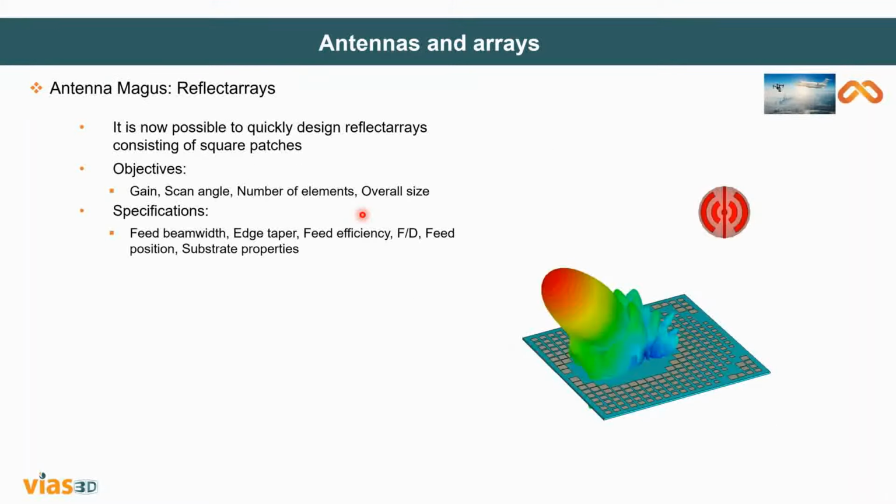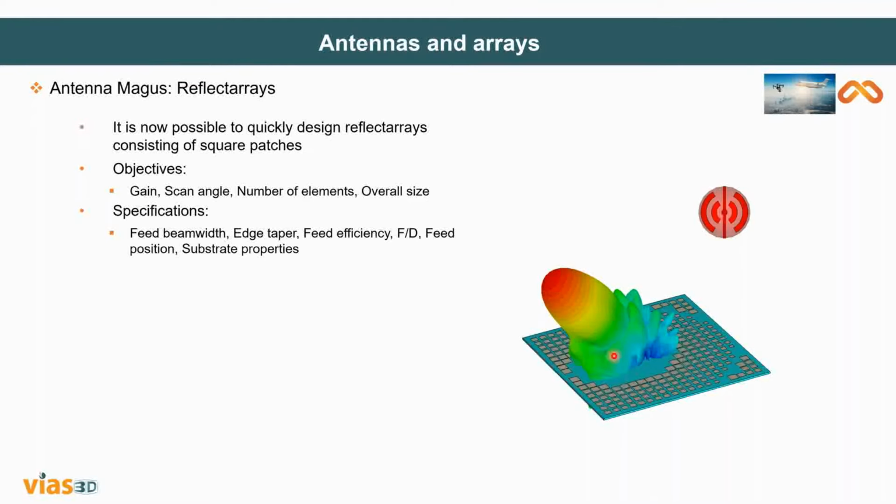So the next is the reflect array. If users have used Antenna Magus, we are aware that shaped reflectors were always possible in Antenna Magus. But now a new class specifically for reflect arrays has been added. The first implementation is based only on rectangular patches, but we plan to have other unit elements in future, like hexagonal or triangular unit elements.